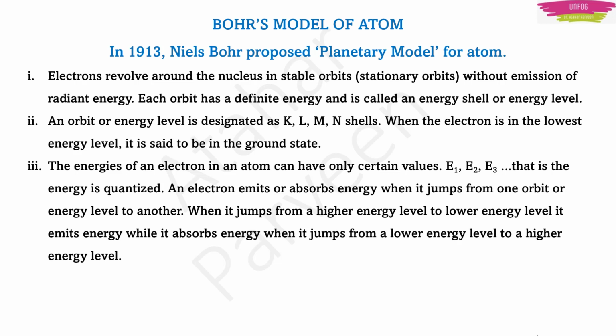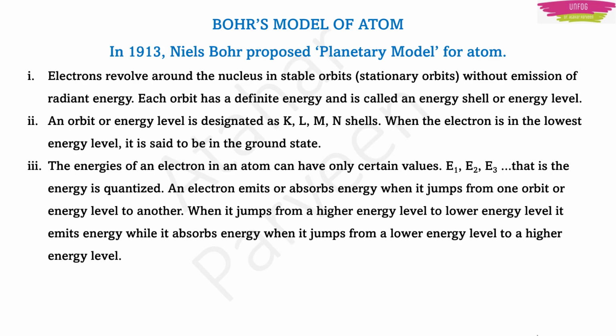Energies of an electron in an atom can have only certain values like E1, E2, E3 and it will go on. That is, the energy is quantized. It means you cannot have any fraction. You can have only whole numbers. You can have 1, 2, 3, 4. You cannot have 1.5, 2.5 like that. So he told that energies of an electron in an atom can have only certain values. That is, the energy is quantized.